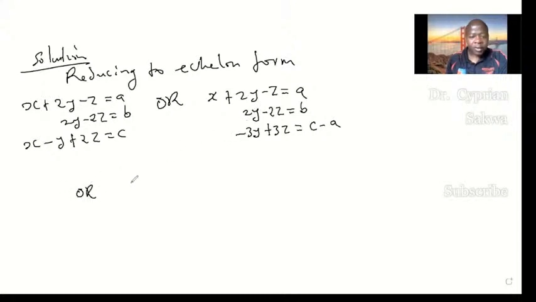So what do I get? The first equation remains where it is. The second equation, I'm dividing by 2. So I would have y minus z is b divided by 2. And the third equation remains the way it is.